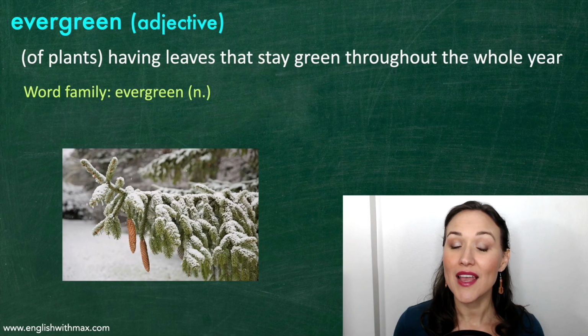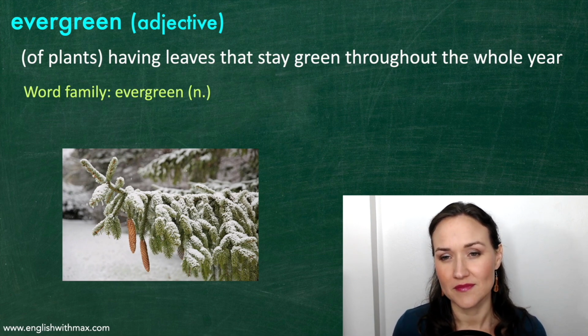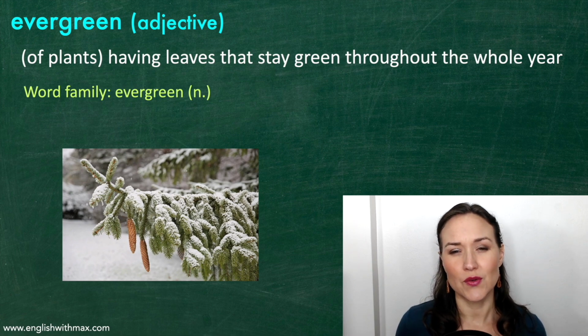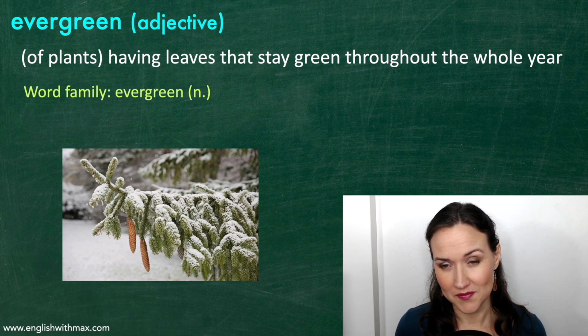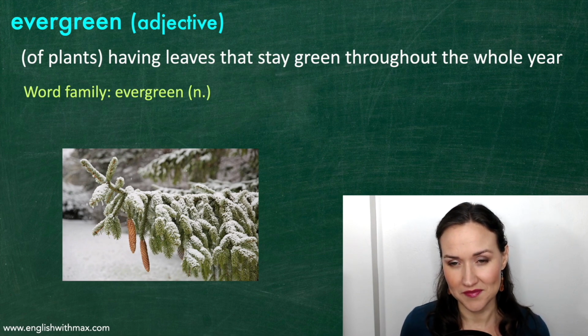Now we have evergreen. Evergreen. This is an adjective. It's used to describe certain plants. It means having leaves that stay green throughout the whole year. The noun is also evergreen.